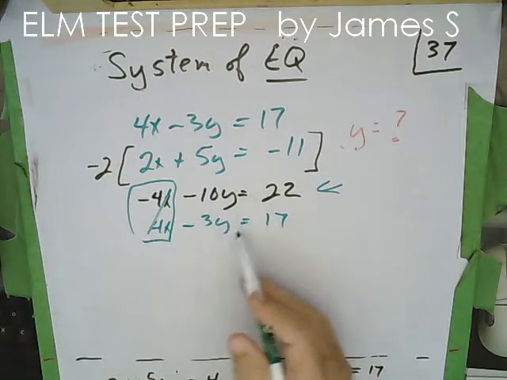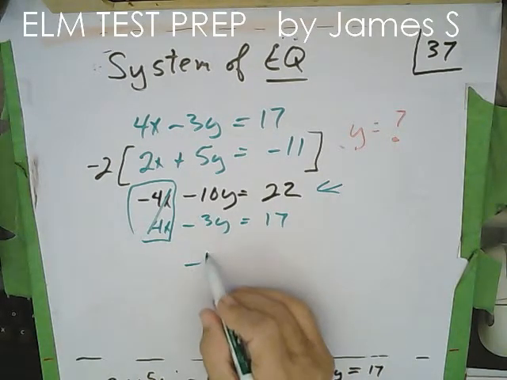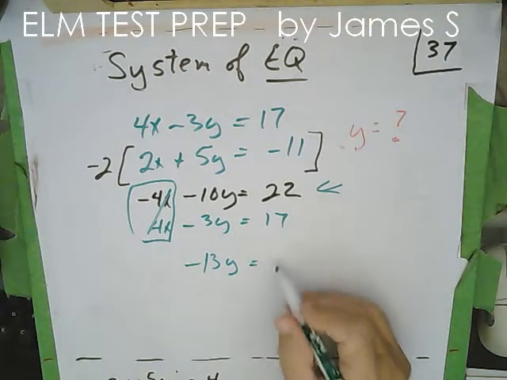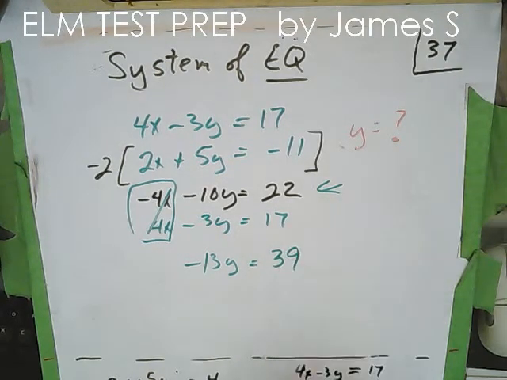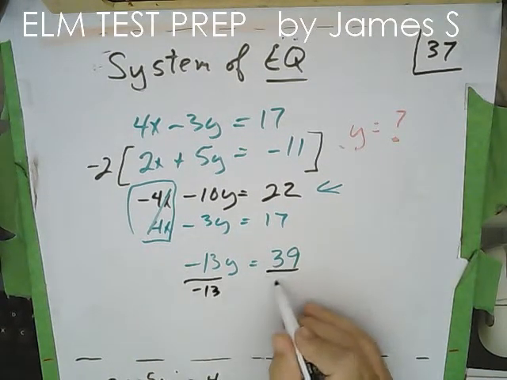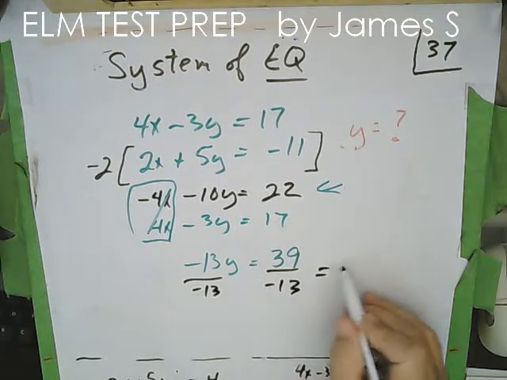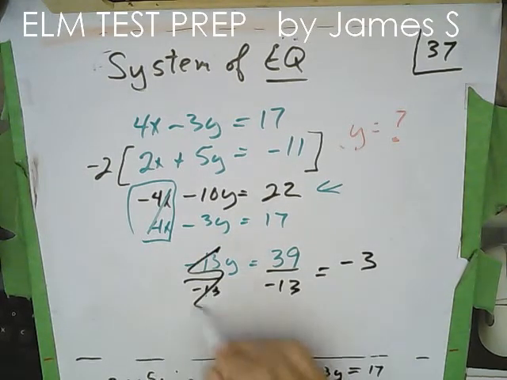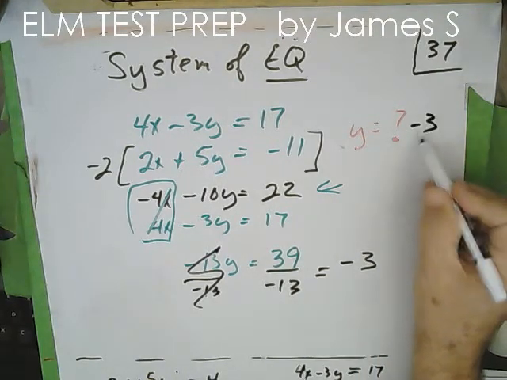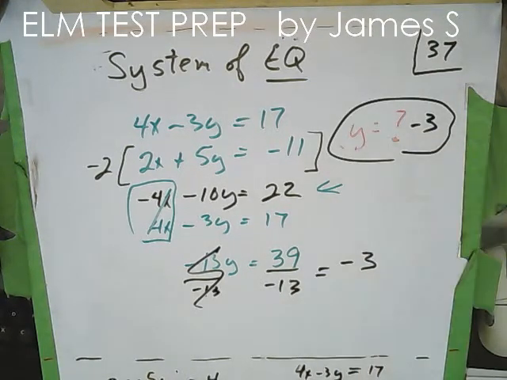Adding minus 10y and minus 3y for a total minus 13y, and 22 and 17 is 39. And then I'm going to simply divide both sides by minus 13. And I will get a minus 3. So y equals minus 3, and that would be my solution.